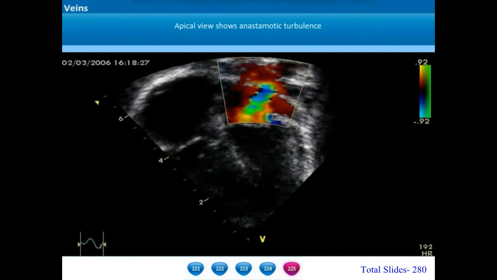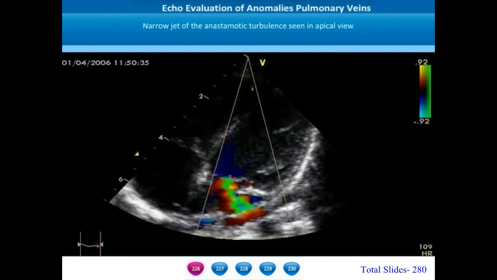However, if there is a cicatricial narrowing and fibrosis of the anastomotic orifice, this results in an anastomotic gradient between the common chamber and the left atrium. On an apical four-chamber view, we are able to appreciate the narrow jet from the common chamber into the left atrium due to anastomotic narrowing.